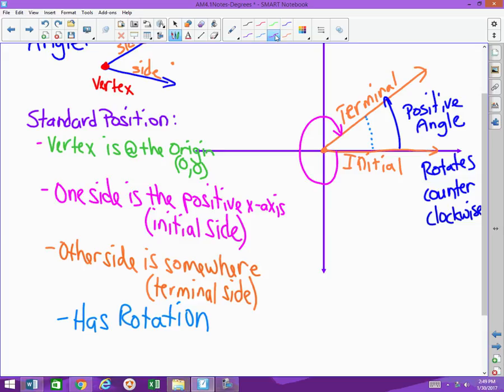This angle that rotates clockwise around the coordinate plane is a negative angle. And so you have to determine which angle you're dealing with.